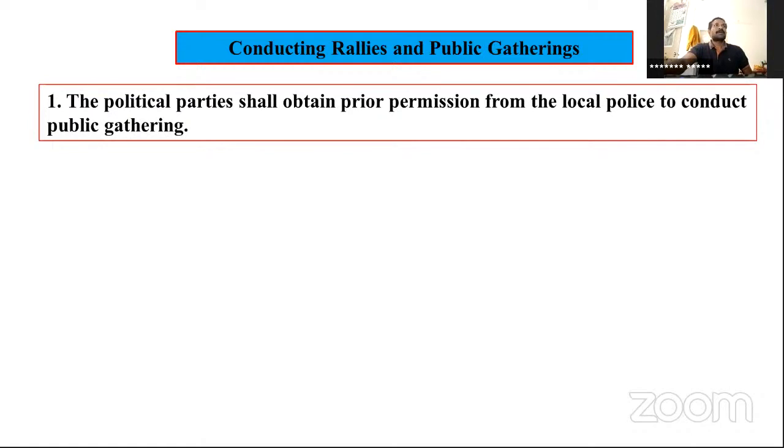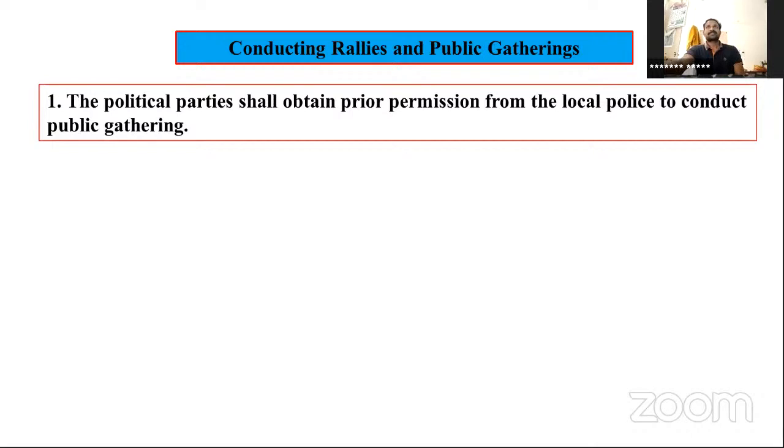Another one: if some orders have already been issued that there is no permit for meetings or rallies, you should follow those rules and regulations.